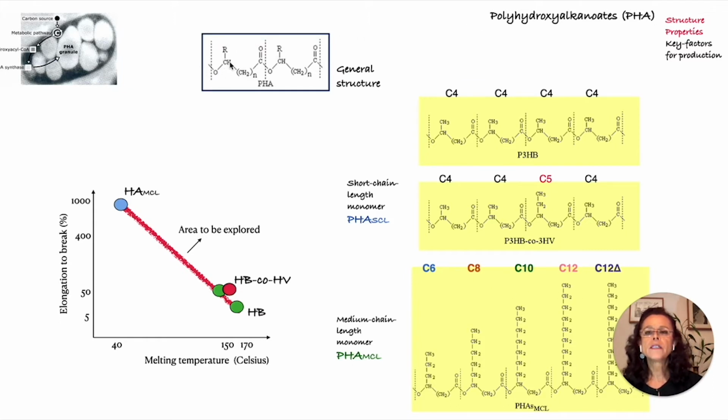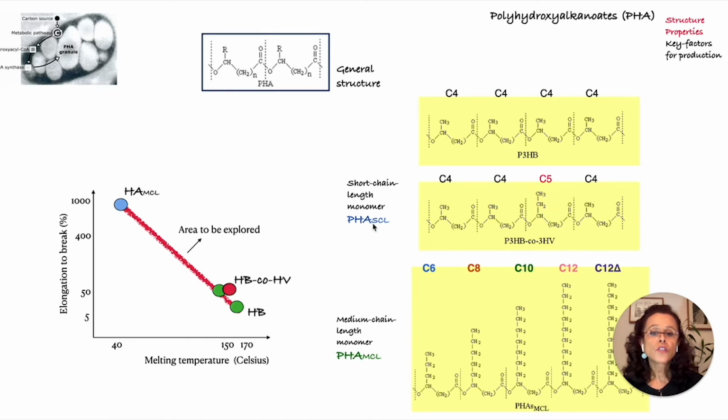If you take these main ester linkages as a backbone, and if you vary these substituents, for instance, with this CH3, we have C4 monomers as components of our polymer, which is then the P3HB polymer, poly-3-hydroxybutyrate, which has an elongation to break of 5%.